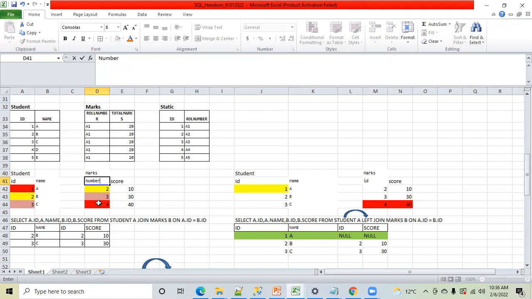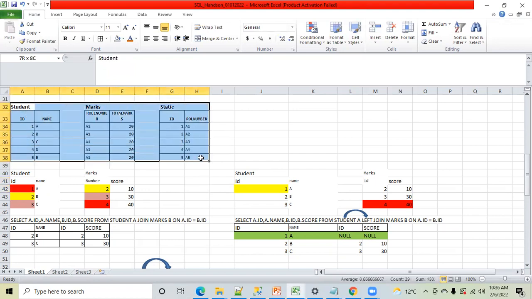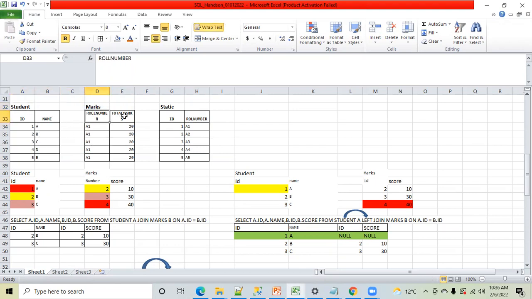So we were using the generic table, the third table? In this example, I have used the generic static table because I was supposed to join the student and marks, but in these two tables I don't have any matching data. Don't look at the column name. Column name is not important. Look at the data.